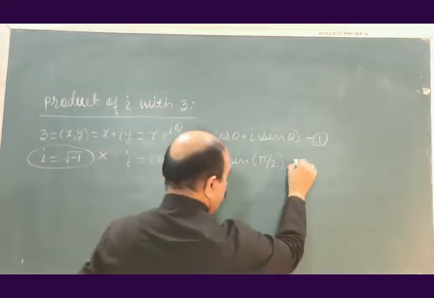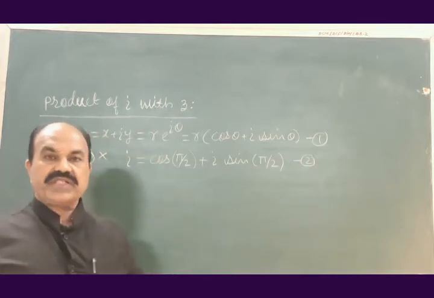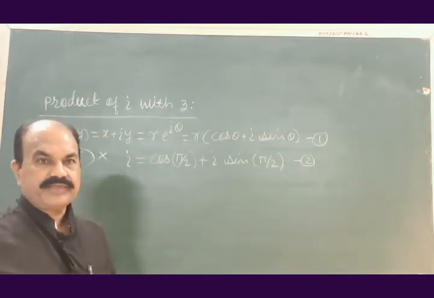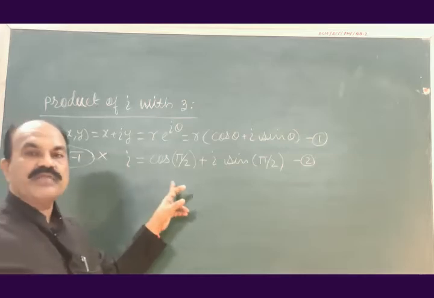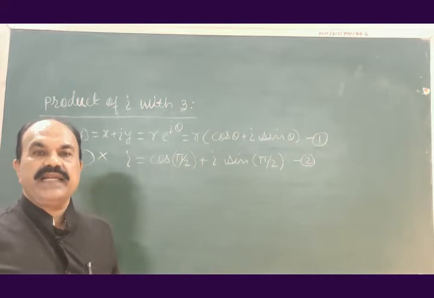Equation number 2. Whether equation 2 is correct, i is equal to cos pi by 2 plus i sin pi by 2, whether equation 2 is correct.